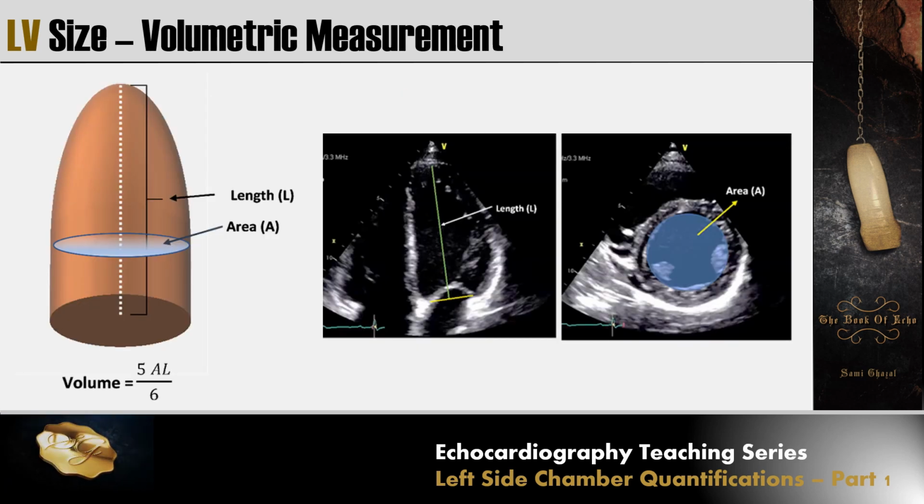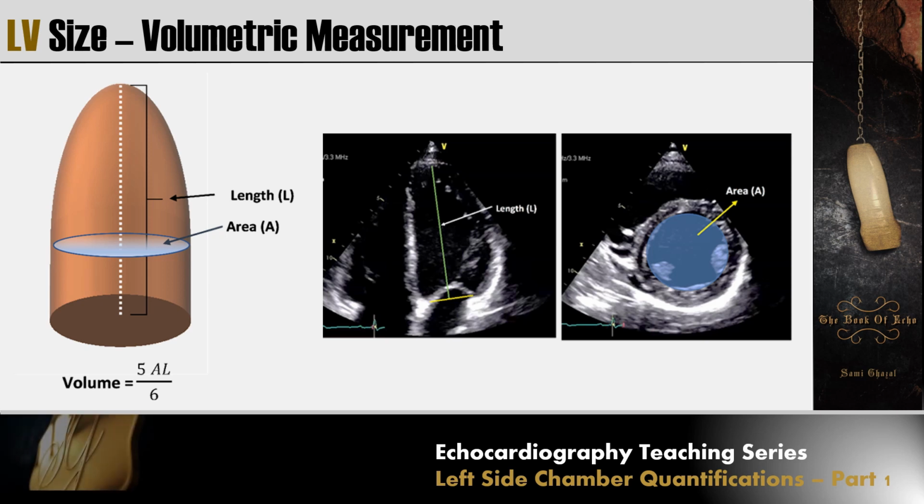Historically, LV volume was calculated from linear measurements based on an assumption of a fixed geometric shape of the LV, like a sphere shape or bullet shape. This is inaccurate, and it is no longer used, like the Teichholz method, etc. Now, in order to get the volume of the LV, we have either the area length method, which we see here, or the method of disks, which we will see in the coming slides.